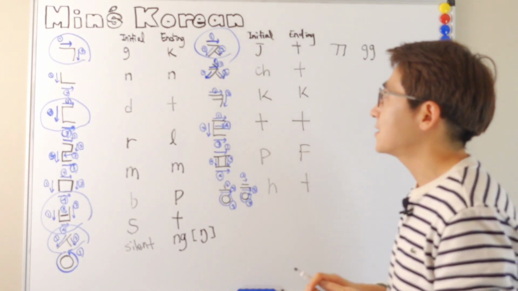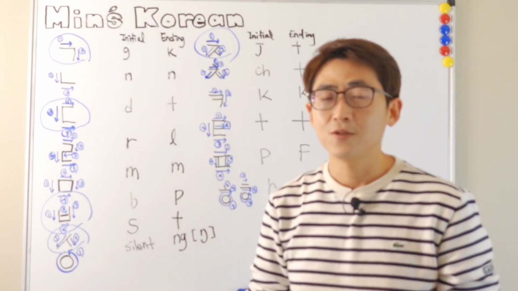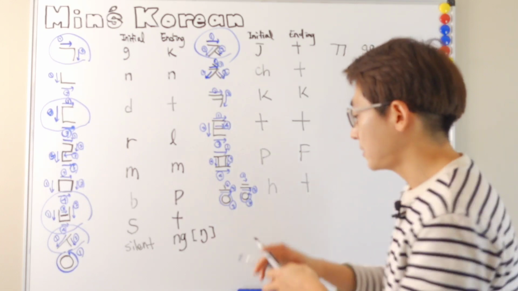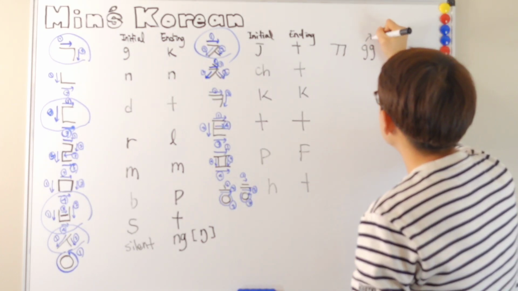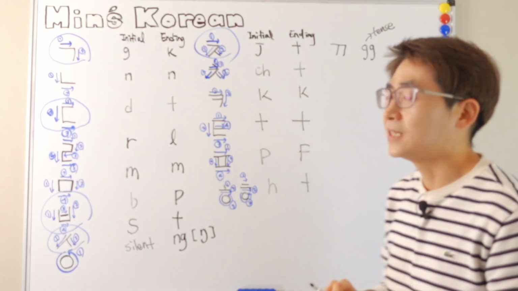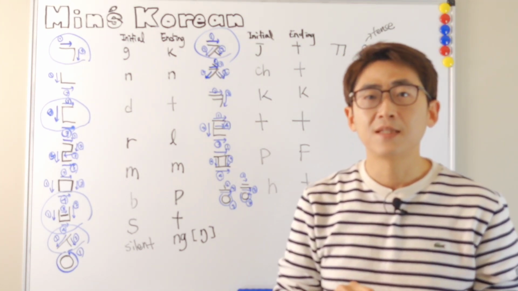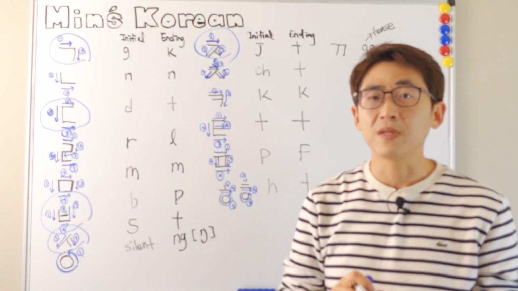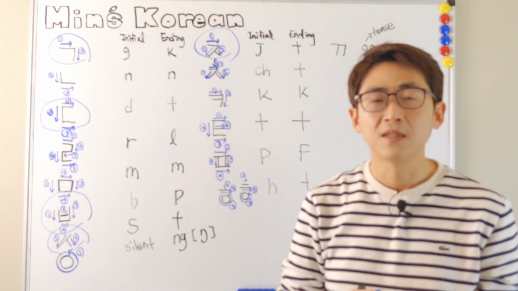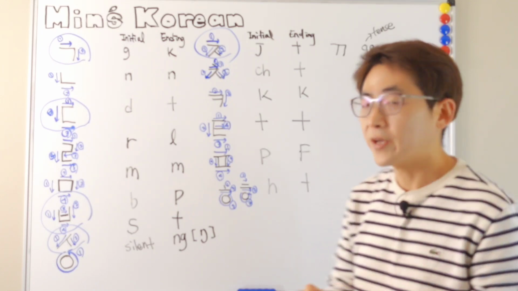Okay, so it's double consonant and it makes the sound of this one. So instead of saying g, you have to say g, g, g. So this one is a very tense sound. An example would be great, grape, g, g, g, but in very tense way, okay?